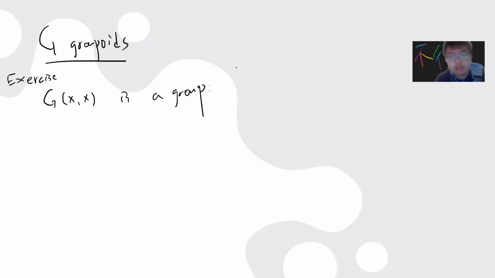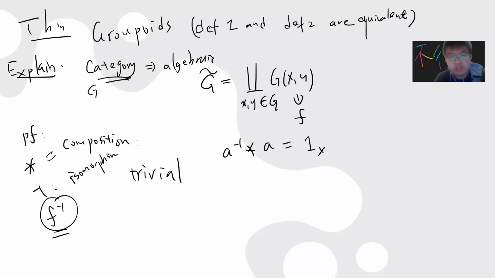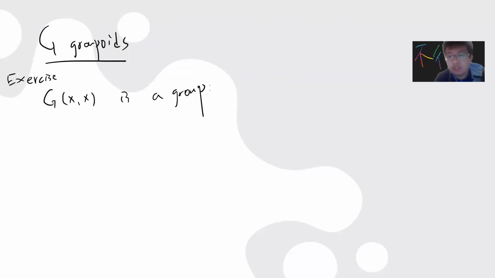By the categorical definition, every morphism in it has its inverse, and the composition and identity are already built into G_XX. So that's it, G_XX is a group. This is called the vertex group.